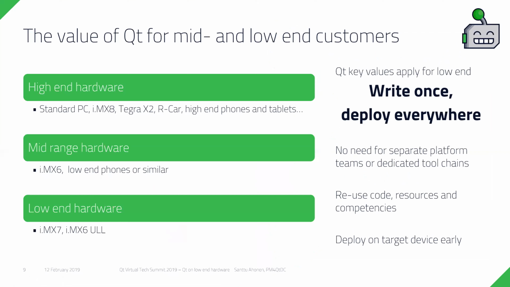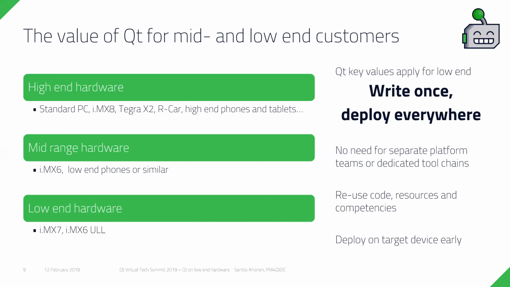We have very good support of the mid-range hardware, and on the low end of the Cortex-A, the i.MX7 and i.MX6 based boards. We have pre-built support for getting started for many of those, and then you can compile Qt into almost any platform that has just basic interfaces underneath available and a reasonably new compiler.